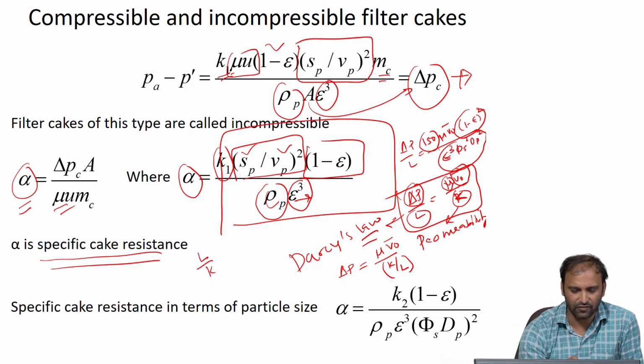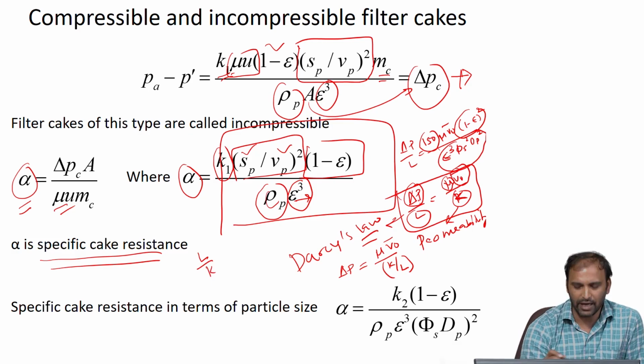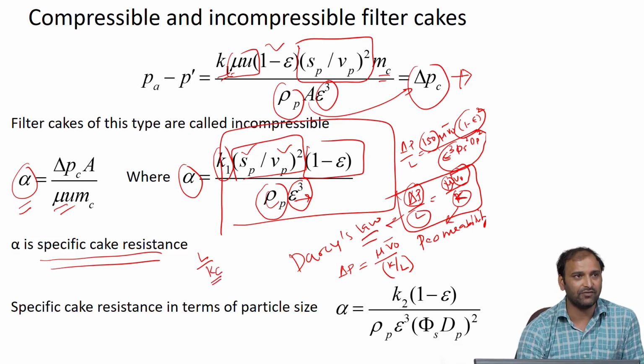In this case, because we are talking about flow through the cake, I can write this as Kc, that is the permeability of the cake.